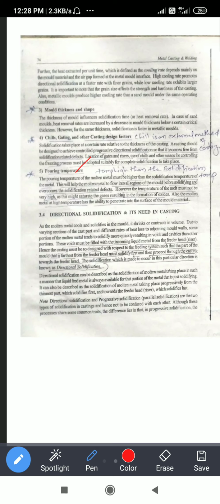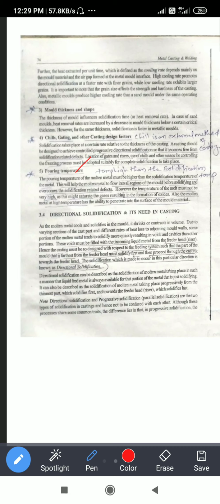Hence the casting must be designed with respect to a feeding system such that the part of the mold farthest from the feeder head solidifies first, and then solidification proceeds through the casting towards the feeder head. Then the solidification which occurs in this particular direction is called directional solidification.